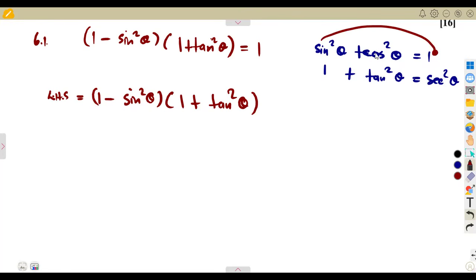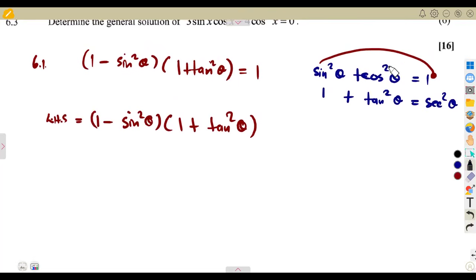So the moment I transpose a sine squared to the right-hand side, it becomes a minus, meaning you'll be left on the left-hand side of the equation with a cos squared. So in actual sense, from this, we can tell that a cos squared of theta is going to be equal to 1 minus a sine squared of theta.